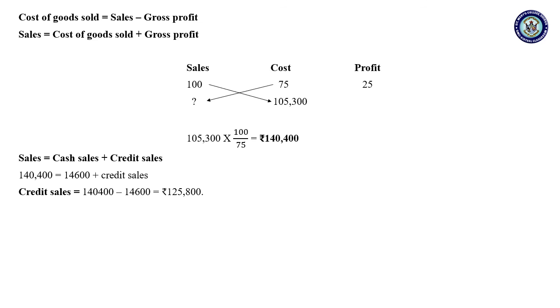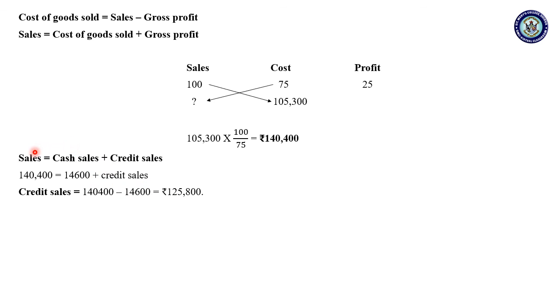Next you want your credit sale. So you write sales is equal to cash plus credit sale. Substitute the values. Sales, just now you got 1,40,400. Cash sale, you see in the cash account, the balancing figure. You don't know the credit sale, so you leave it in that place.